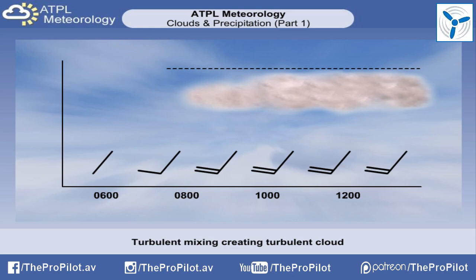Putting it simply, when this happens, the moisture contained within the whole layer can become concentrated at the top of the mixing layer, trapped beneath an inversion. The moisture content is enough to produce saturation, and hence a layer of cloud beneath the inversion. The cloud is not turbulent itself, but created from turbulent mixing.